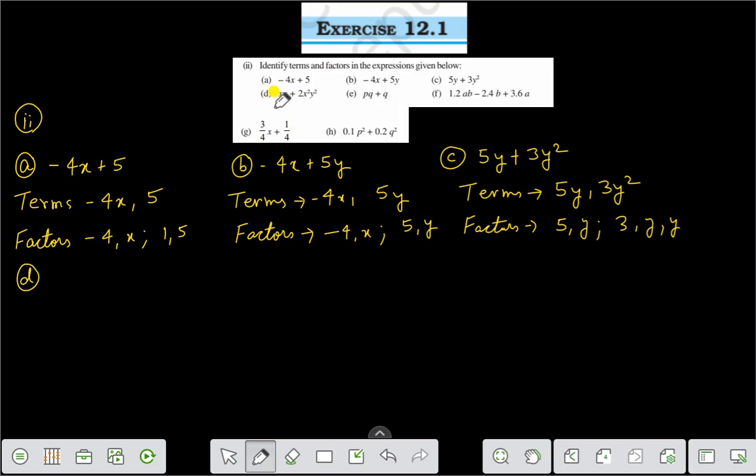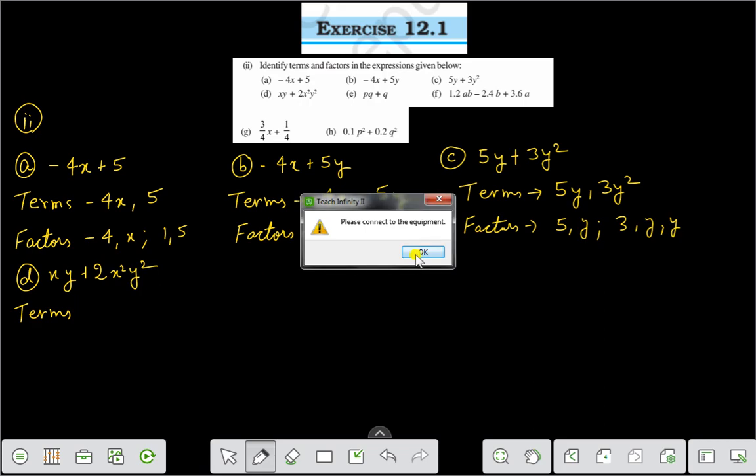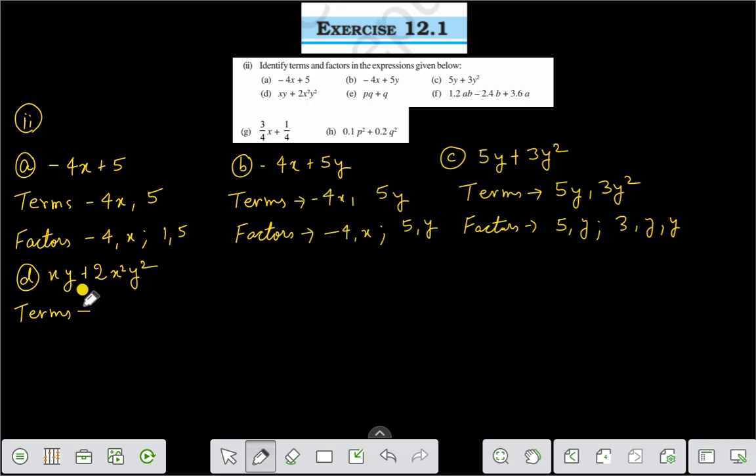Now question number D is xy plus 2x square y square. Therefore the various terms are xy and 2x square y square.